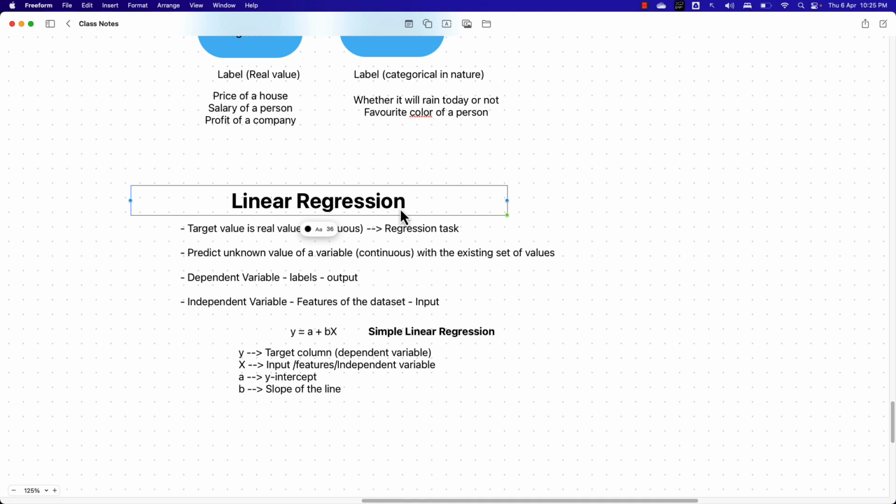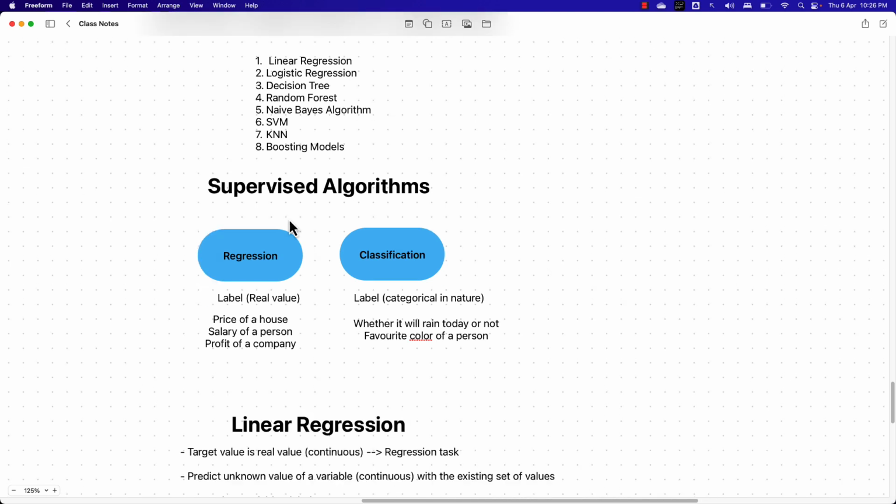And also here, this linear regression model, I'll be using it if I want to perform the activity of regression. Now, what is regression? Well, as we have studied in the last session, regression is a task where the target or the label in my given data set is actually a real value.